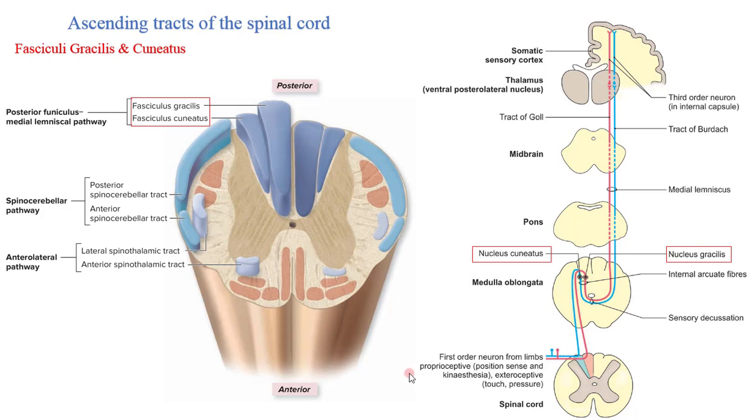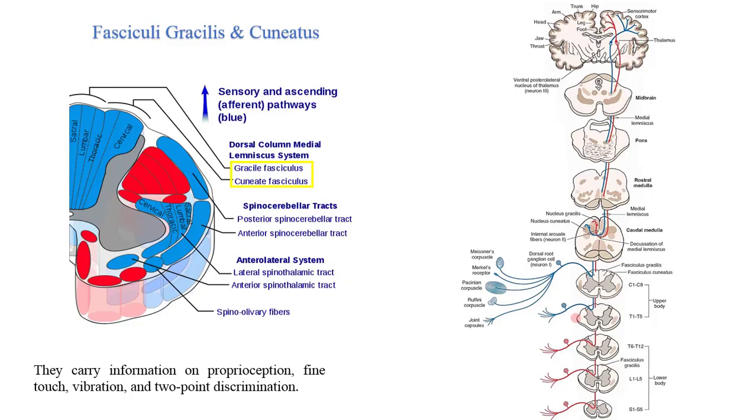Well, instead of synapsing with the second order neurons in the gray matter, the first order neurons extend their central processes from the dorsal root ganglia cranially, and so the tracts are formed by first order rather than second order fibers. There is quite a logical arrangement to fibers in these tracts. The most medial fibers arise from the lowest ganglia, while the most lateral fibers arise from the highest ganglia.